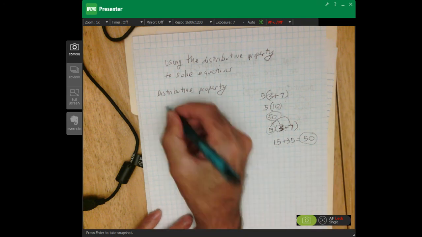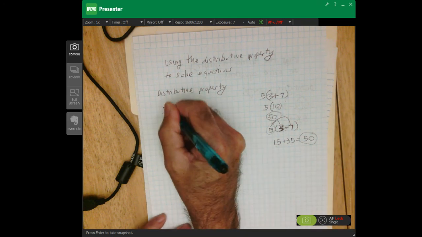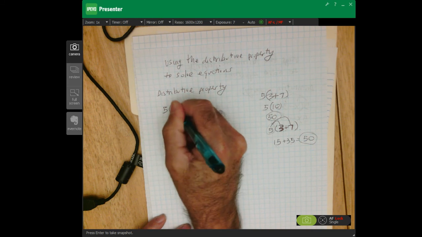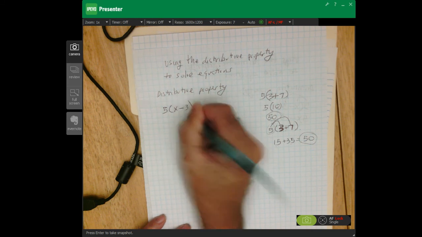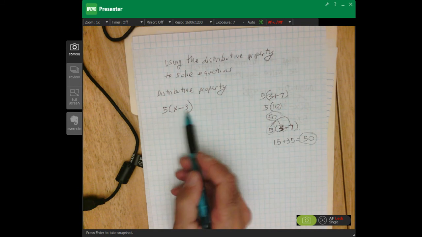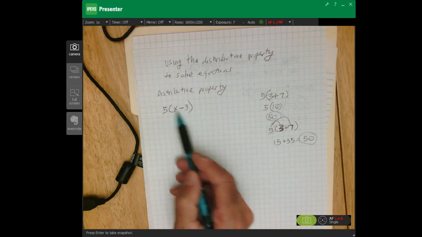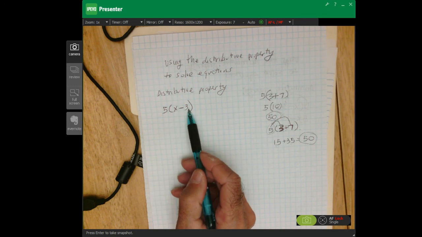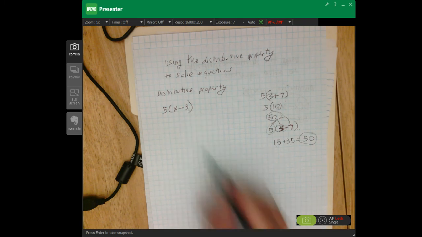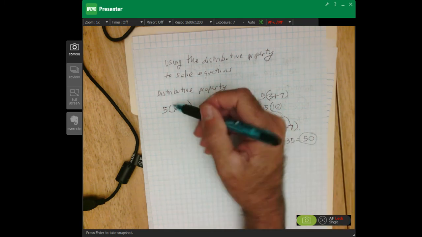But when you have variables, we have a problem here. So let's say we have x minus 3 on the inside. These are not like terms, so we can't put these together. Before we can multiply this, the order of operations says we have to combine these. Well, the distributive property says we don't have to do that.